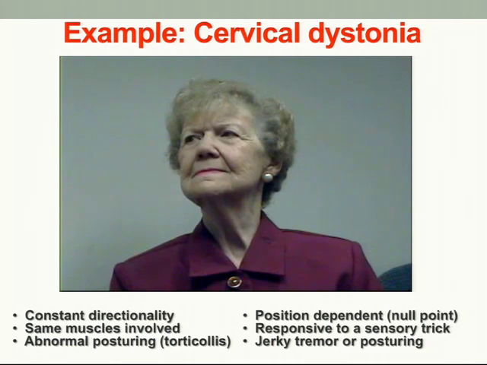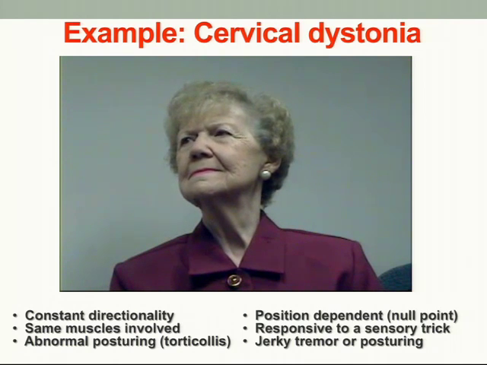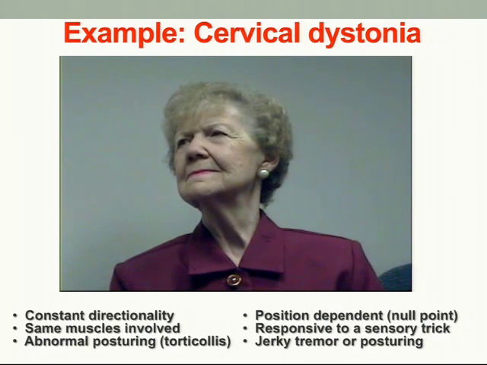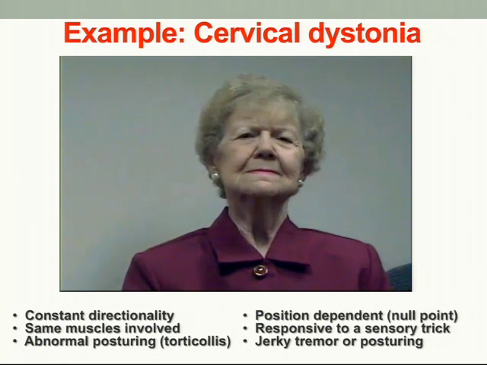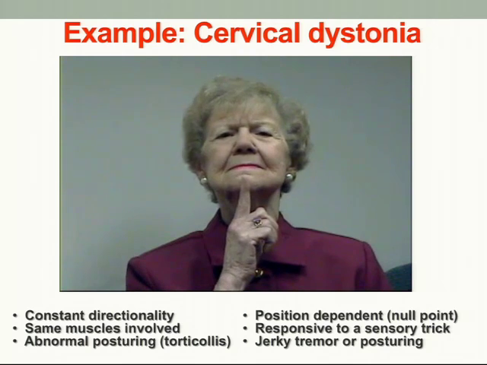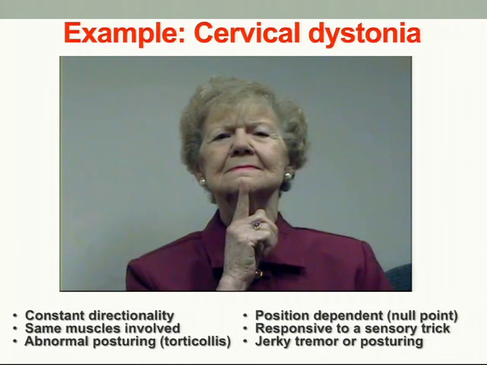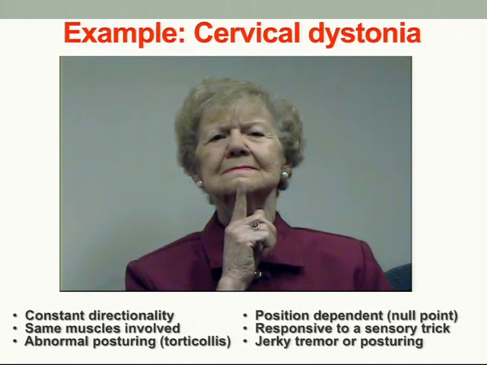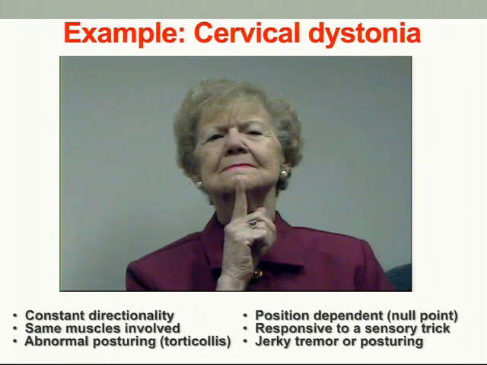That is a null point, because the head is pointing in the direction of the pulling muscles, and she's finding that particular spot. And then finally, the patient can be asked to explore what, if anything, might happen with just touching herself in the face. That's the sensory trick, the closed-loop sensory feedback, and you see that there is an attenuation of the activity. So these are rules that we're going to be looking for in terms of our patients.